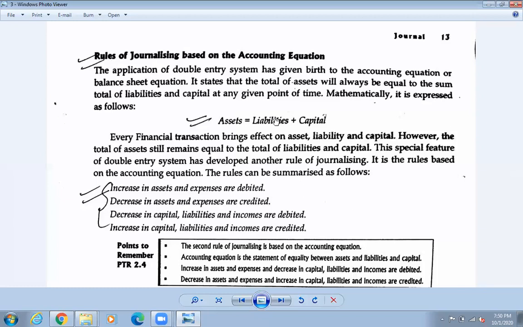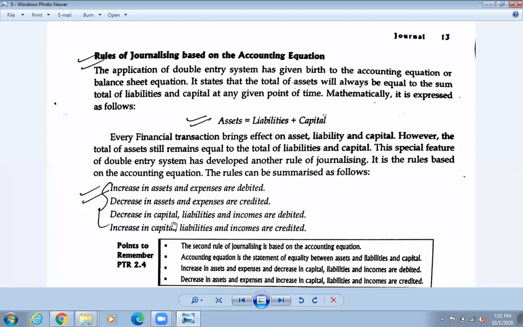So if liabilities will increase, then that is the credit. If capital will increase, that is also the credit. Okay. But if it is decreasing, what is that? So increasing credit, decreasing debit, increasing debit, decreasing credit. Okay, so remember in that way.